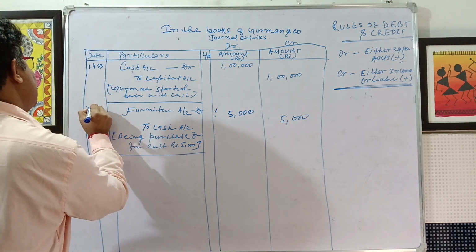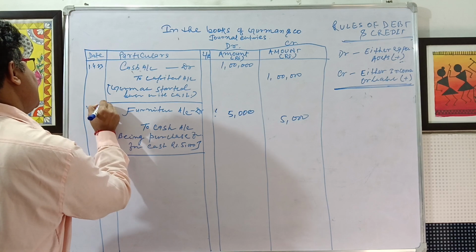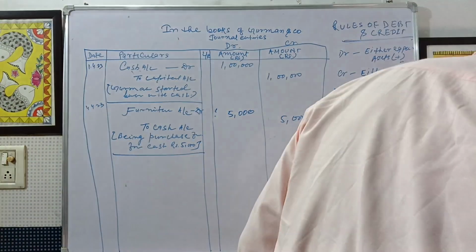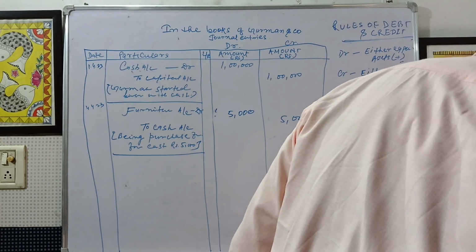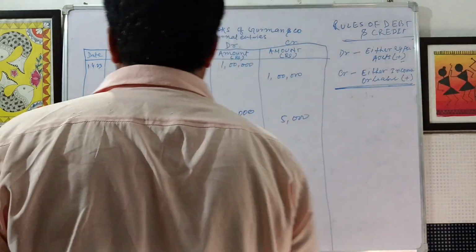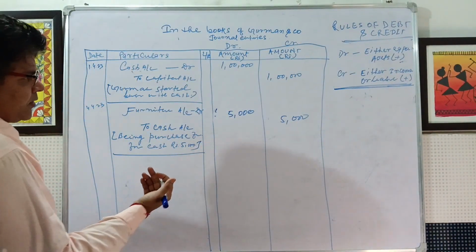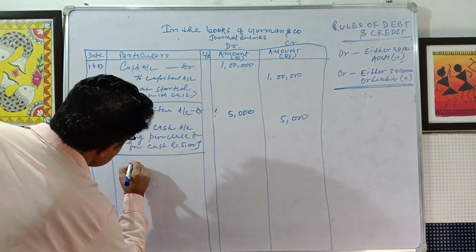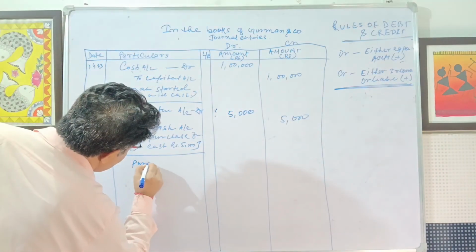Suppose 4th April 23. Purchase goods in cash. So cash decreases and purchase account is debited.